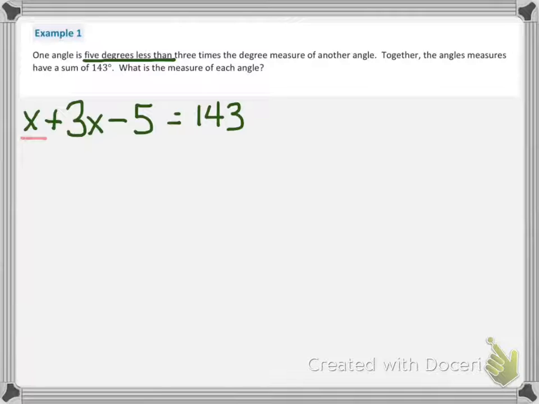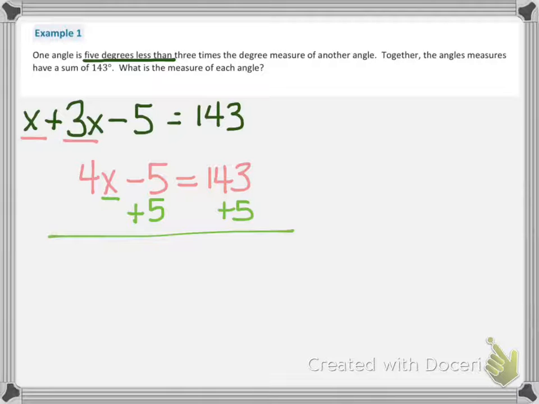We get 1x plus 3x is 4x, minus 5 equals 143. And then my job is to isolate the variable. So I want that x to be all by itself, so I'm going to undo subtraction with addition. Balance the equation, I get 148 on the right side.